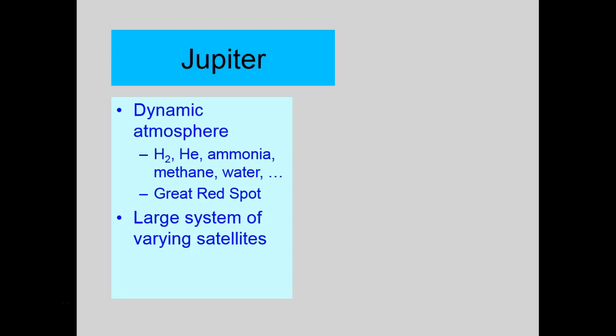Jupiter has a dynamic atmosphere. That means it's moving, it's changing, it's storming. Okay, mostly hydrogen, helium, ammonia. Also methane. Anyone know what methane is? CH4, exactly. It's a very volatile gas.